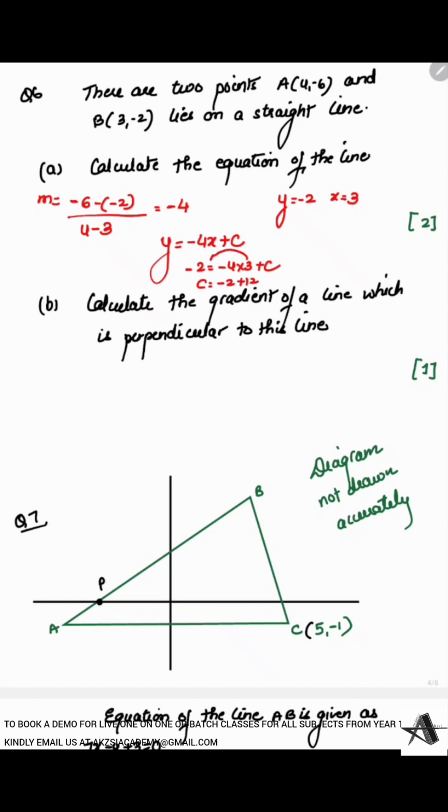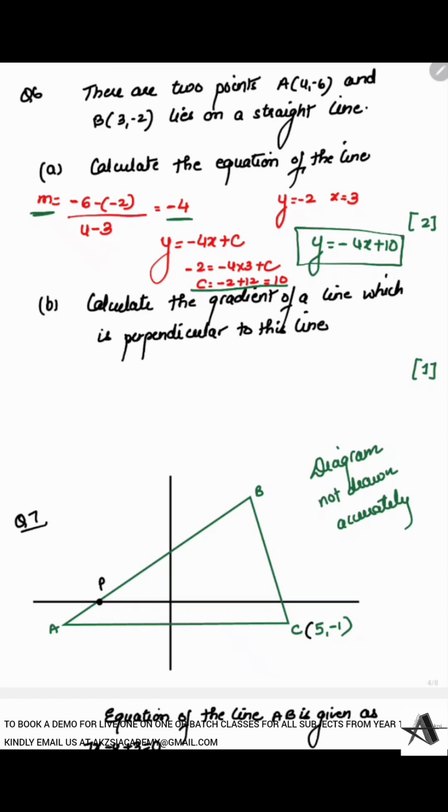I have brought it here. c is 10. Finally, y = -4x + 10. The gradient is -4 and the intercept is 10. So y = -4x + 10 is the final required equation.